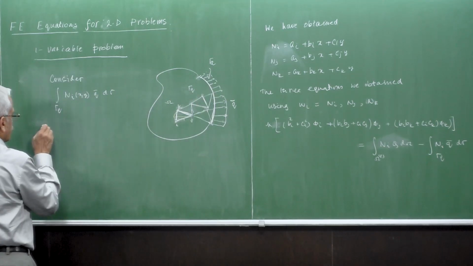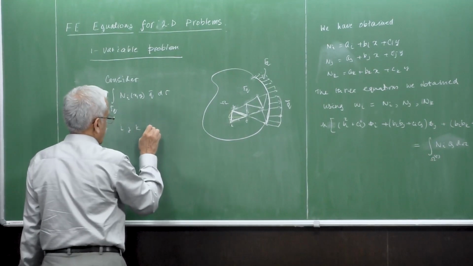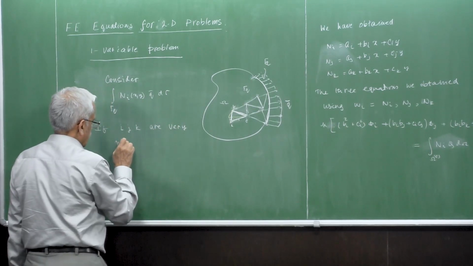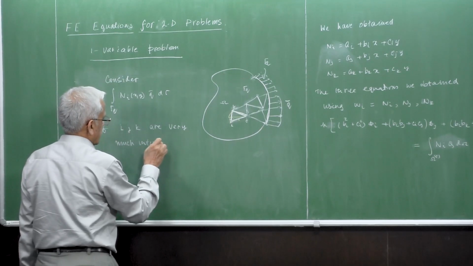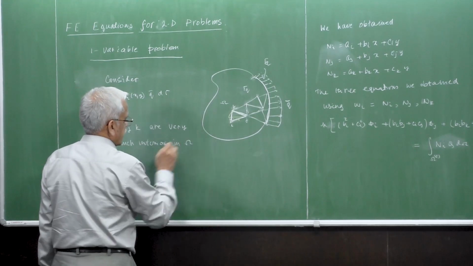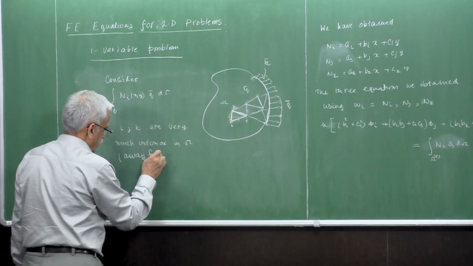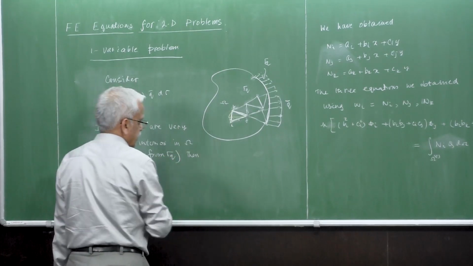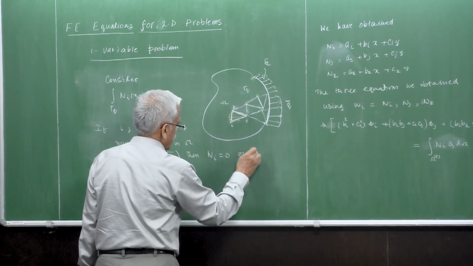So if ijk are very much interior in omega, away from gamma q, then realize that Ni is 0 on gamma q.